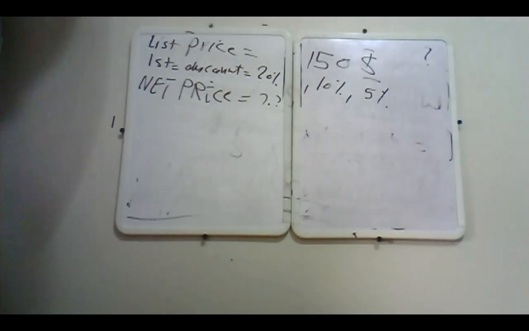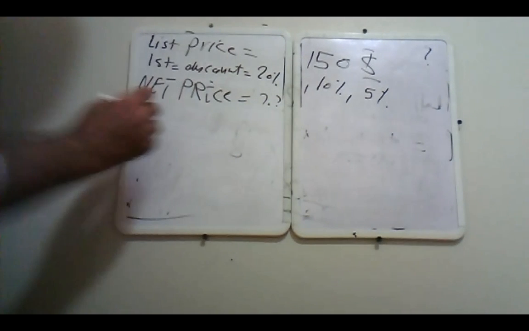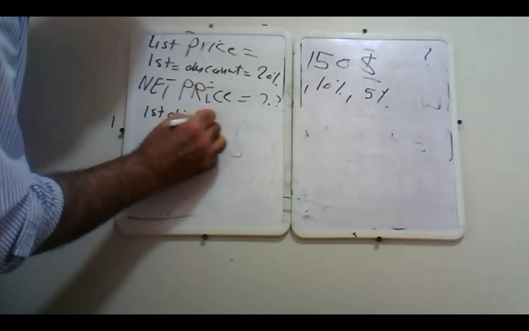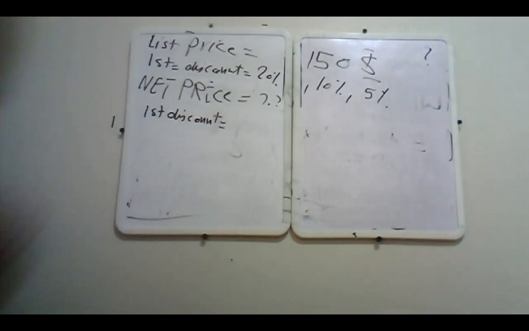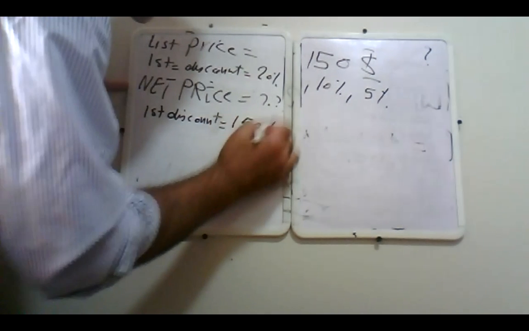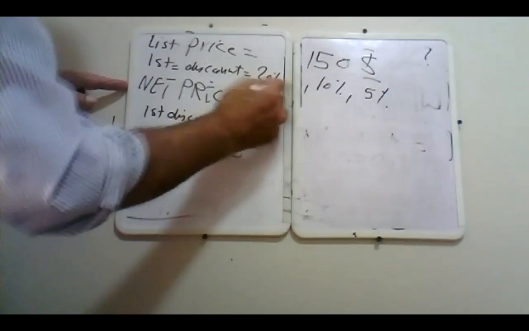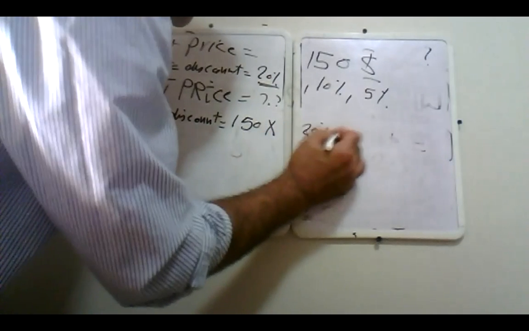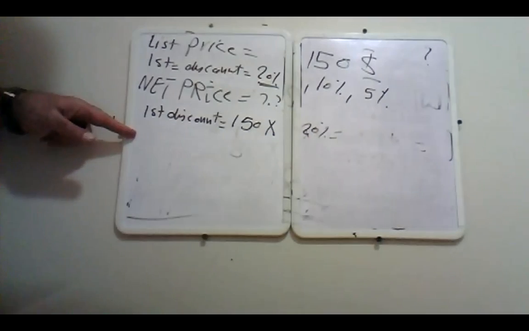Okay, let us solve the problem. First discount will be $150 multiplied by the rate of the first discount. The rate of the first discount is 20%. That will come to $30.